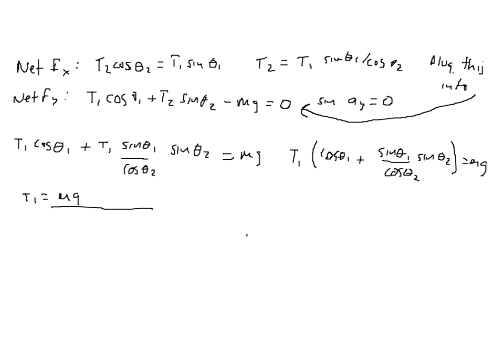So T1 equals mg divided by cos theta 1 plus sine theta 1 over cos theta 2 times sine theta 2.